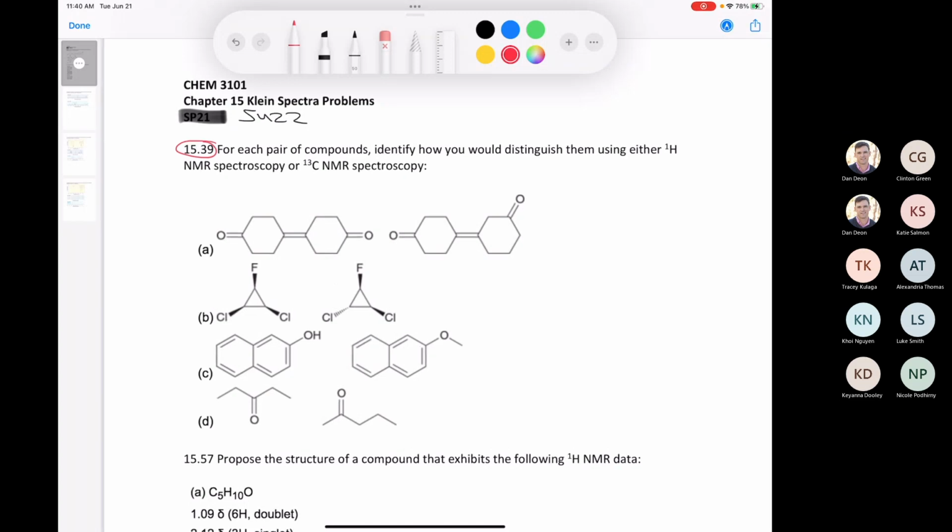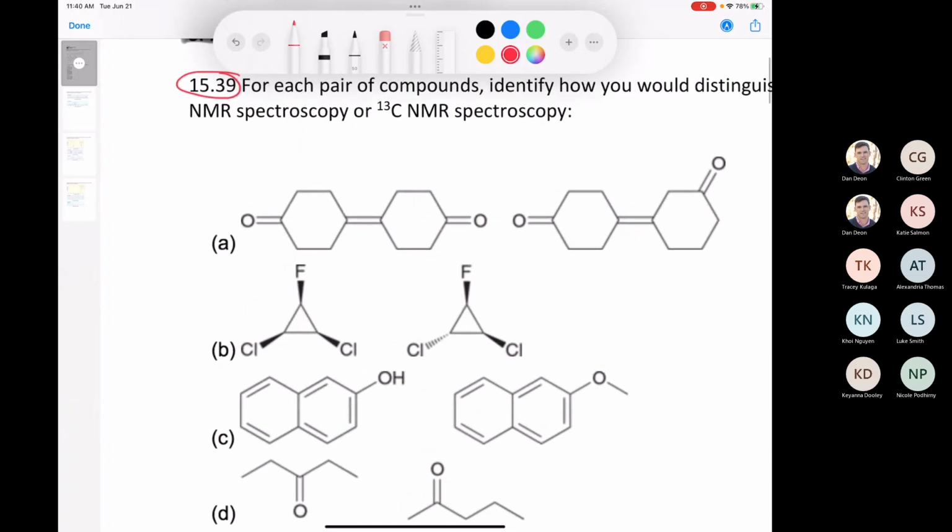I think the first thing you would notice in A is that the molecule on the left has two planes or axes of symmetry. It's got one going this way and it has one going that way. So if we think about the number of signals that you would get in the carbon-13, that's what I would use to solve this. If you look at these four carbons, they are all equivalent.